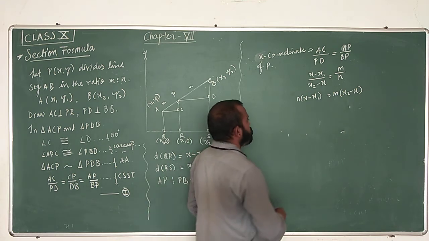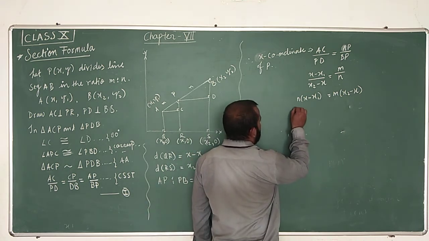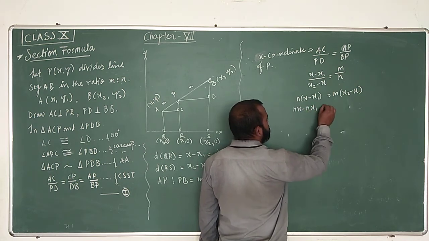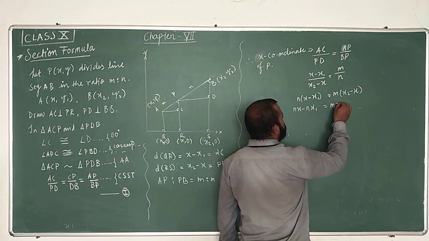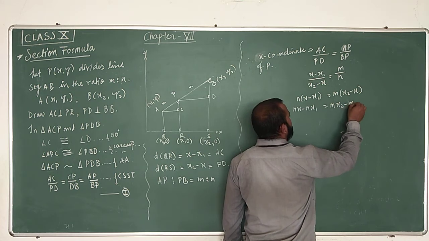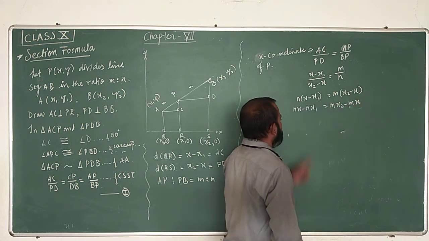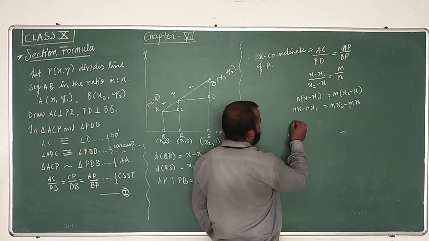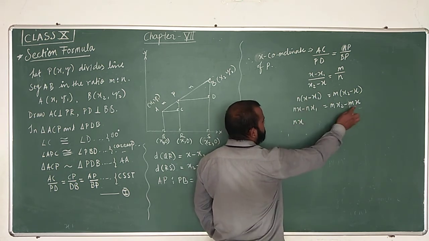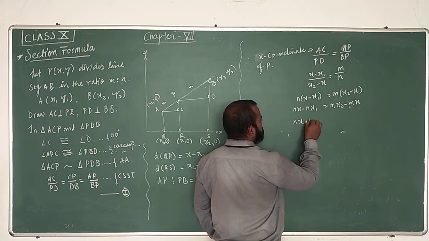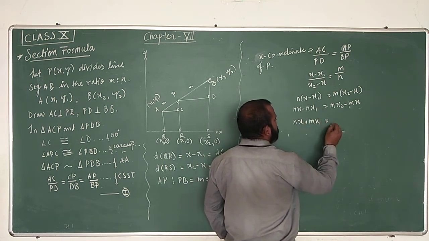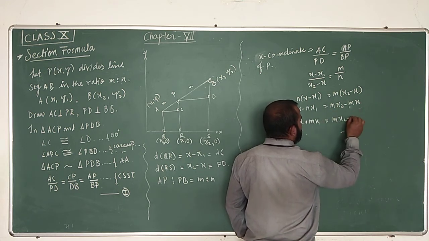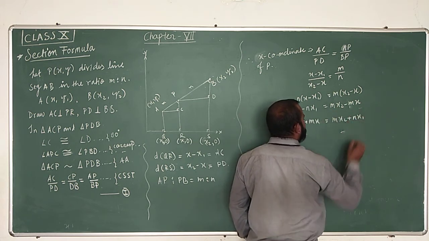Now multiply them: mx minus mx1 equals nx2 minus nx. x वाली टर्म एक साथ में ले लेते हैं, ठीक है? nx इधर आ जाएगा तो प्लस nx, equals mx2, ये माइनस हो जाएगा तो प्लस nx1.